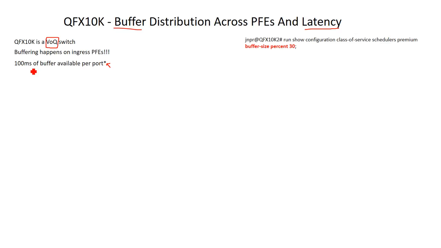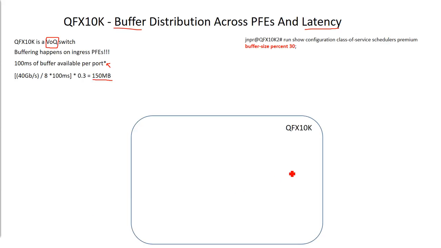So this is not meant to be each port on the same PFE congested at the same time. Then this number doesn't hold anymore. But this is the case that I'm not observing. Also, how this 30% or 30 milliseconds translates in terms of bytes. The calculation is super simple, and this actually gives us the amount of memory that is going to be allocated for buffer.